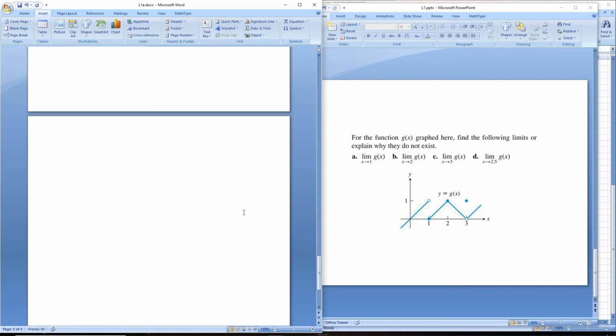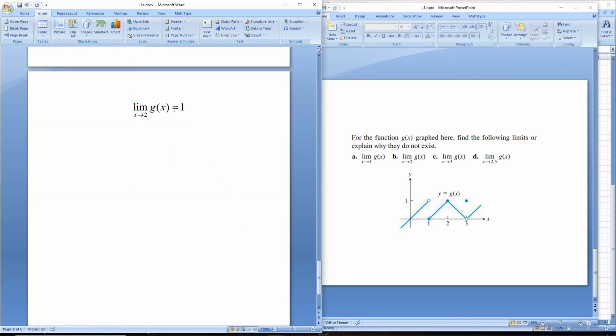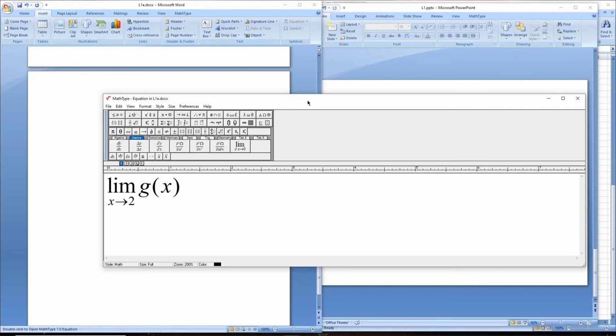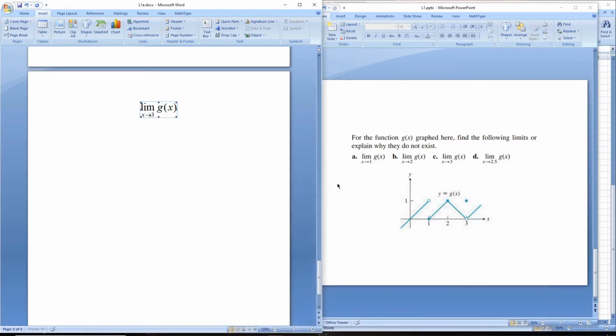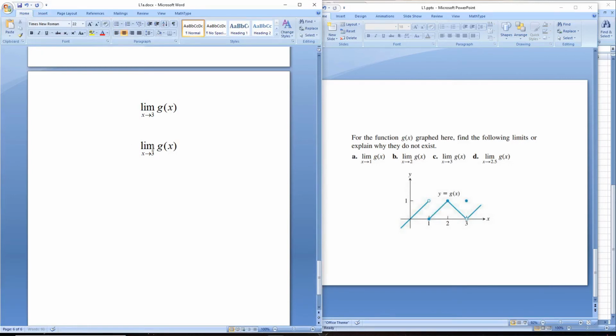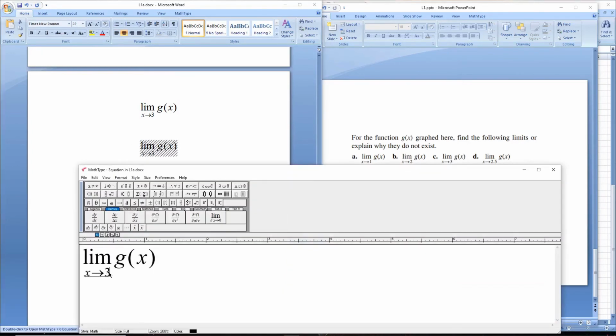Check out part C. So we're going to take the limit of the function again, but this time as x approaches 3. Notice again, this is a two-sided limit, so we have to check the left and the right to see if they equal. So let me just stick a minus sign up here to indicate from the left.